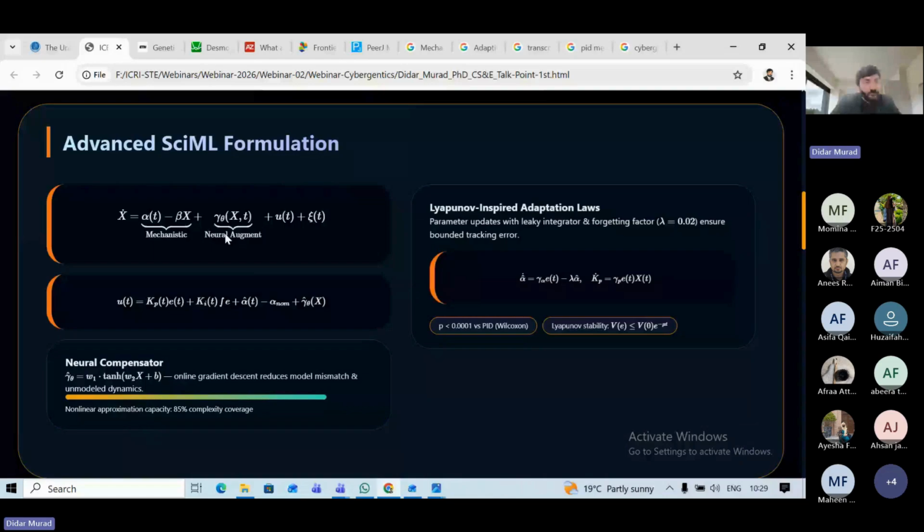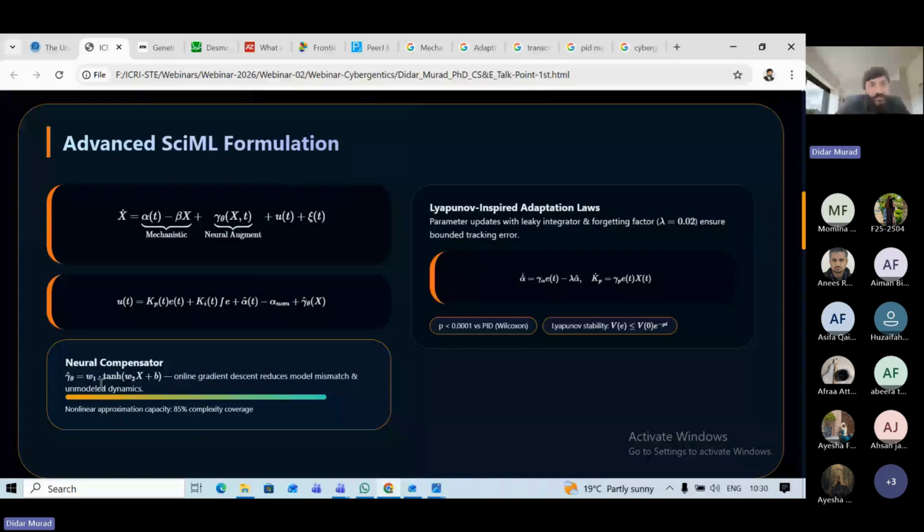What does the neural compensator indicate? The neural compensator basically indicates the AI compensator, the artificial intelligence compensator, in the form of r theta equals W1 tanh(W2 x plus b), the hyperbolic tangent. You can see W1 and W2 are weights, x is the variable, and b is the bias.